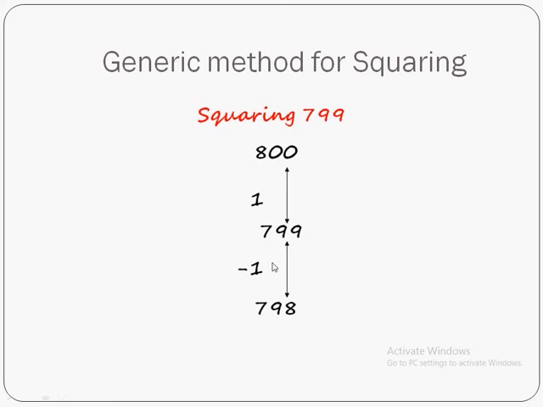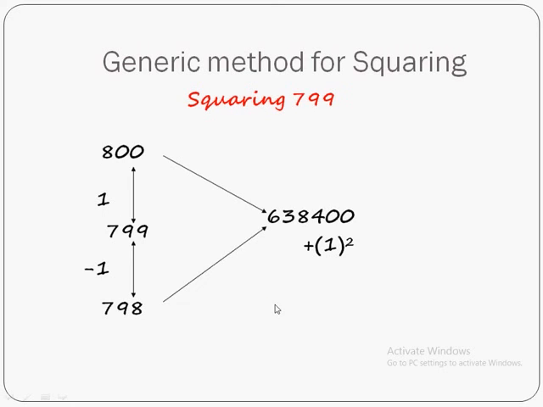Okay, now let us take one more example. Here I am squaring 799. Now this is nearest to 800, and it is nearby by 1. As this is less than 800, I will subtract. So I will subtract the number 1 from this 799, which gives 798. Now I will multiply both with the same formula multiplication.